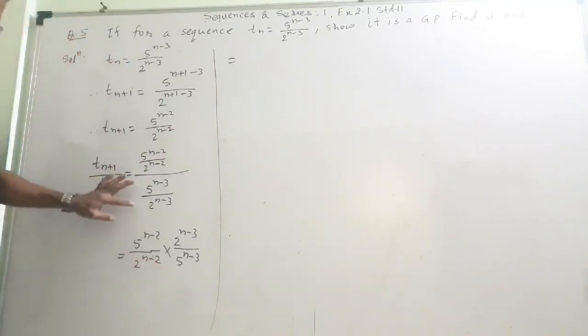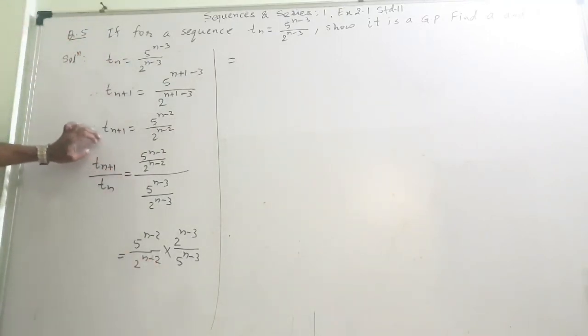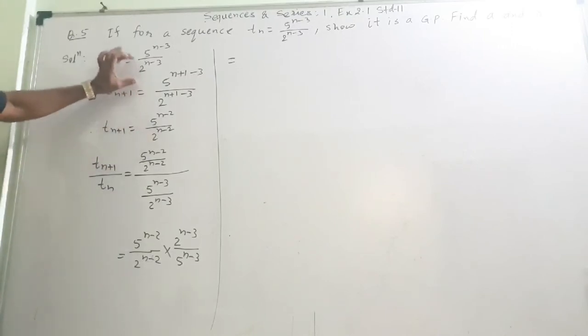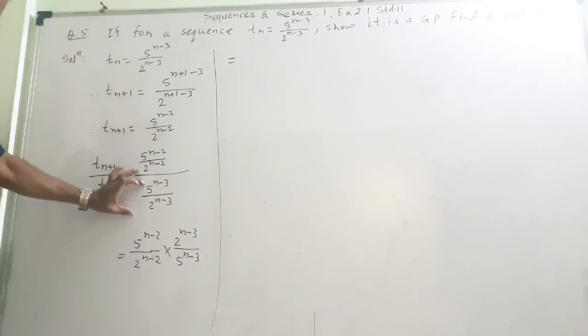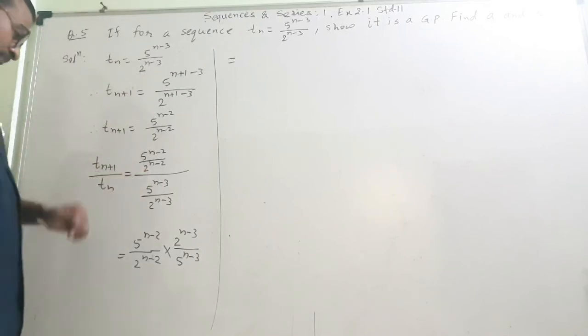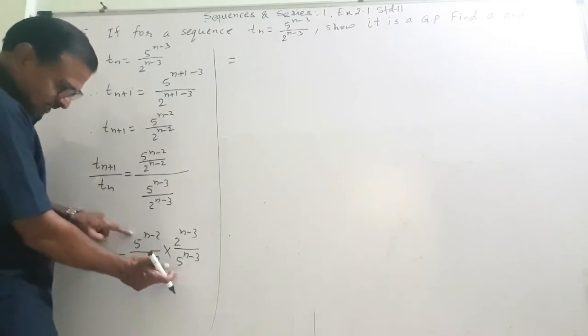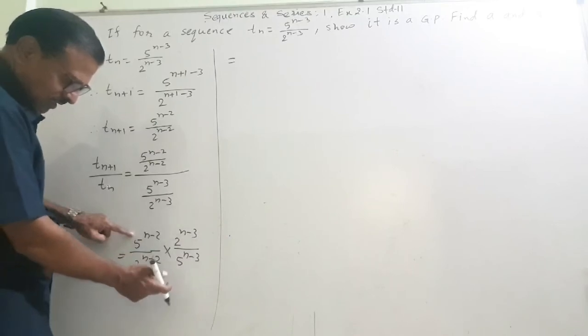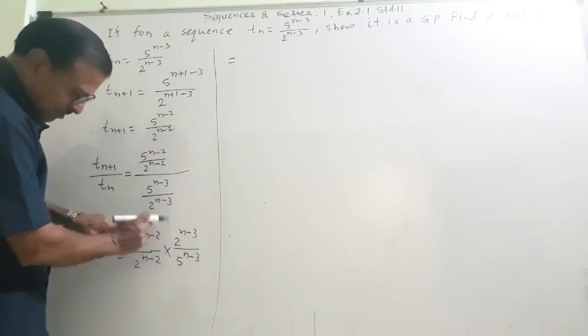This division I have to do. This is Tn plus 1, this much. This is Tn. Divide this. Division I will do by multiplying it. So now the base for this is same. Division means subtraction of the indices. If I take this index up, it will become minus.